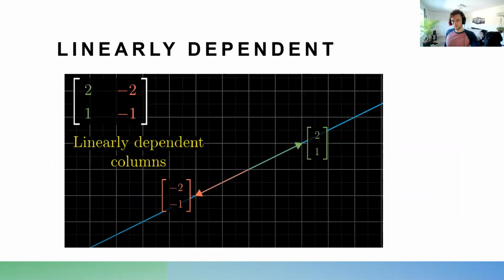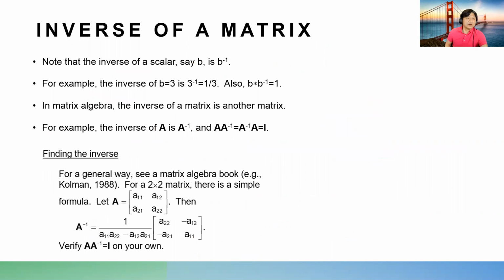All right, so I will skip this one. And then the inverse of a matrix: if a matrix is B, the inverse is B to the -1. This is 1 over B, right? So 3 inverse is 1 over 3, right? So this is the inverse relationship.